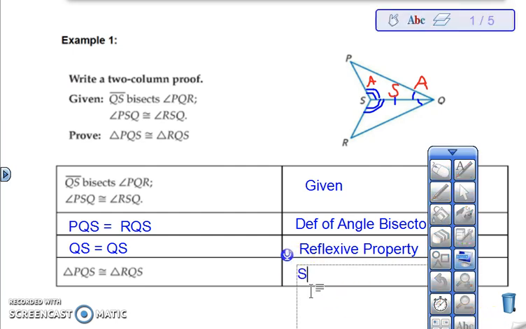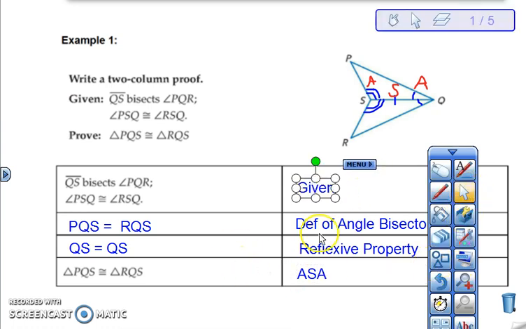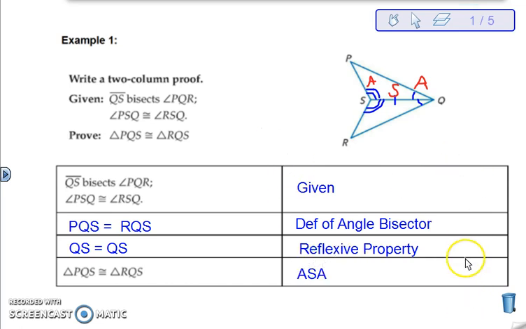So we can say ASA. That is our proof for example 1. All we need to do now is add in symbols. So these were angles. And there we go.